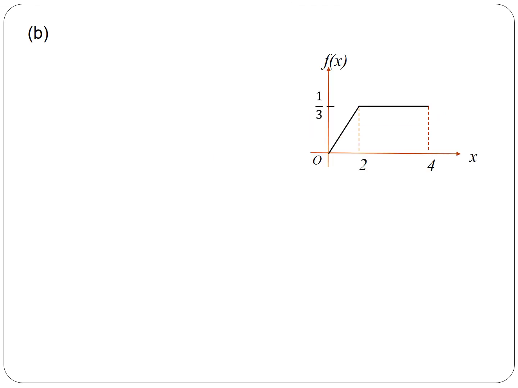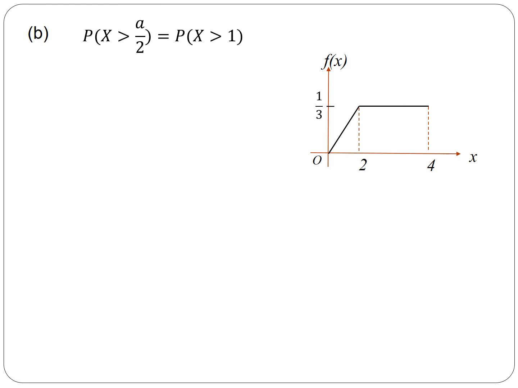Right, for part B, you need to find the probability of x greater than a over 2, which is the probability of x greater than 1. So if you were to look at the graph, x greater than 1 is partly the area of the trapezium plus the area of the rectangle, which is quite tedious.